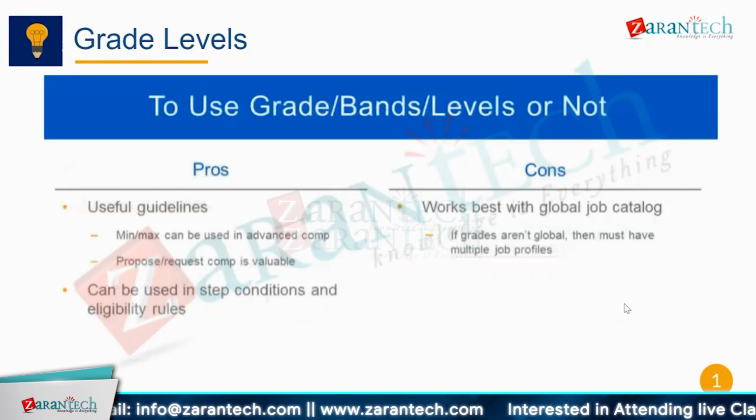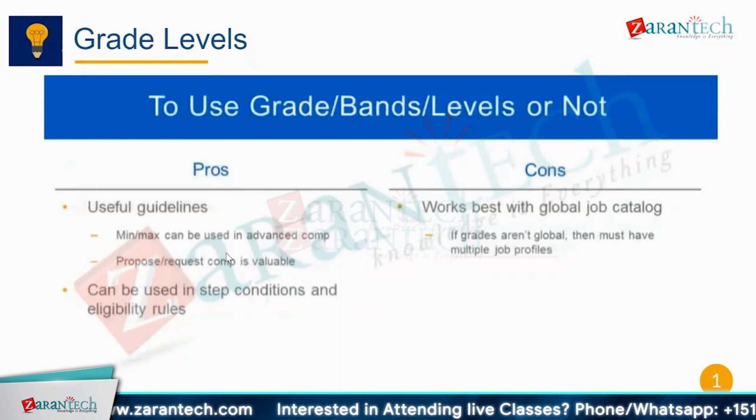What are the pros and cons? Pros is, and it generally helps, they're useful guidelines. They help with that min and max for compensation. It helps you propose or request compensation, which is really valuable. And in general, when I've been managing teams, it takes my bias out of the picture, what I think somebody should get.